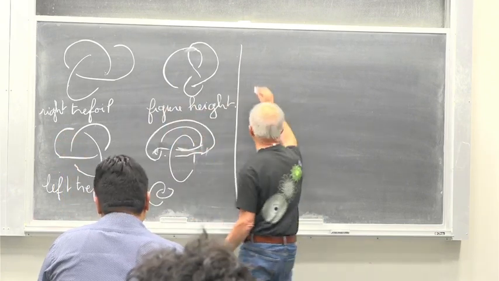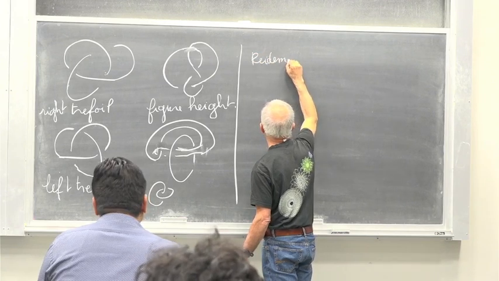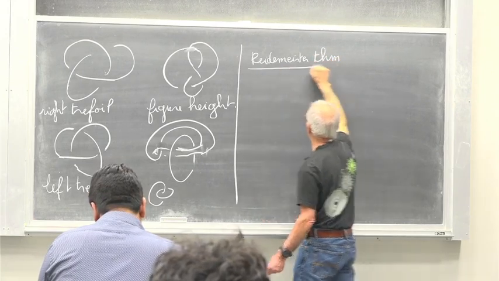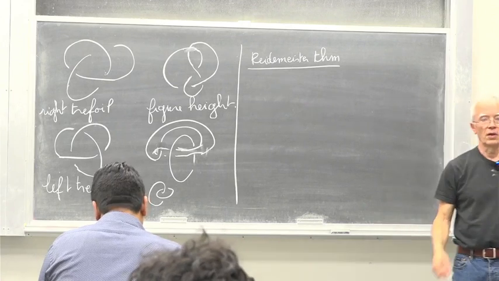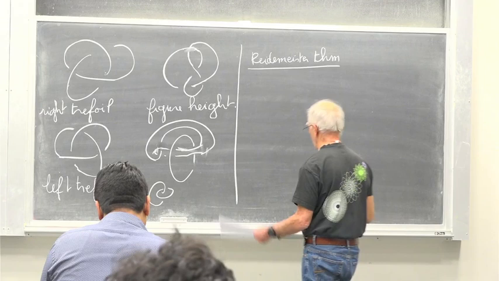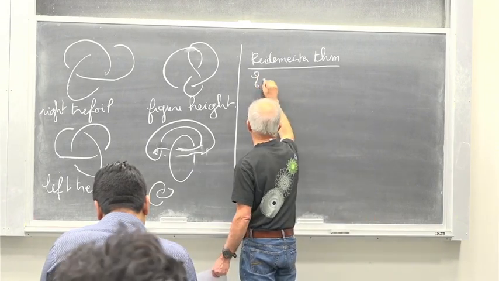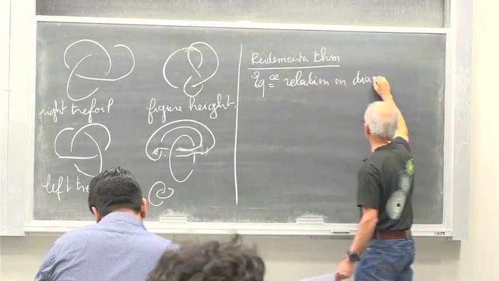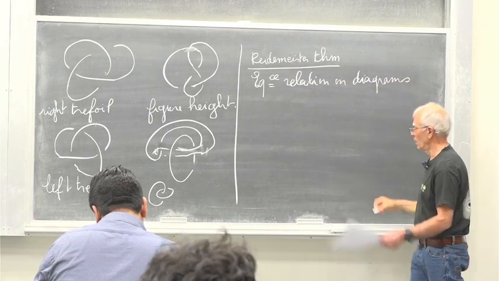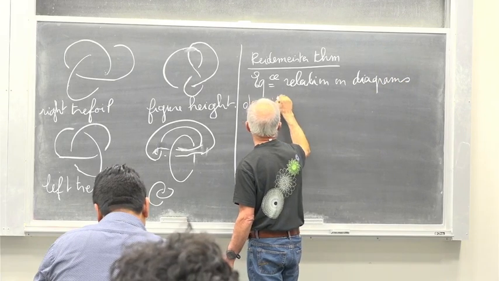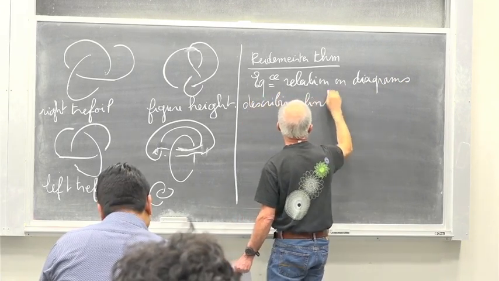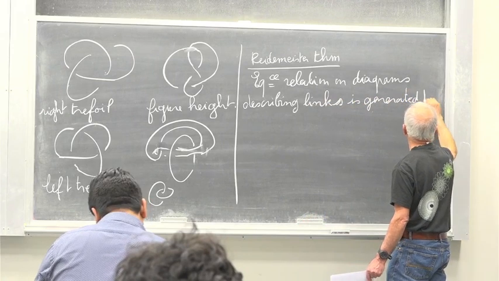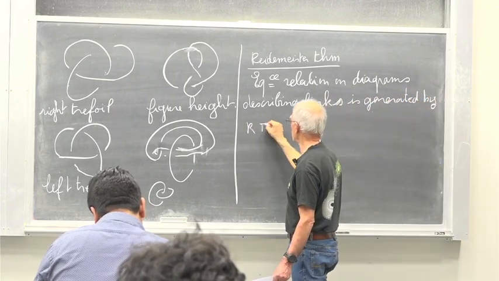So here, the important point is that you can construct invariants with this diagrammatic, because you have this Reidemeister theorem, which is that the equivalence relation on diagrams describing links is generated by three relations.